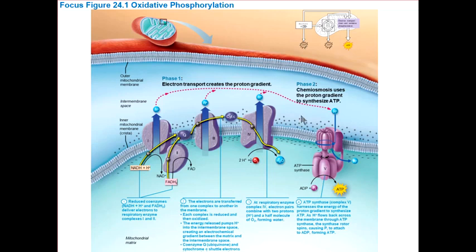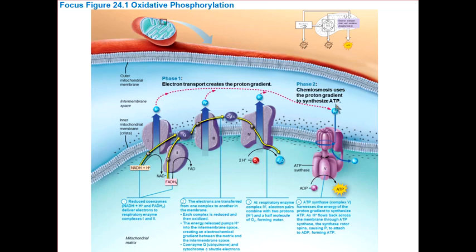Well, now we have a high concentration of hydrogen ions, which are positively charged, on this side of the inner mitochondrial membrane, which makes the inside of the mitochondrial matrix more negative. So we produce this gradient of hydrogen ions, which will diffuse in across this membrane into the mitochondrial matrix. We're pumping them out just so they can diffuse in when we get to complex 5, which is called ATP synthase.